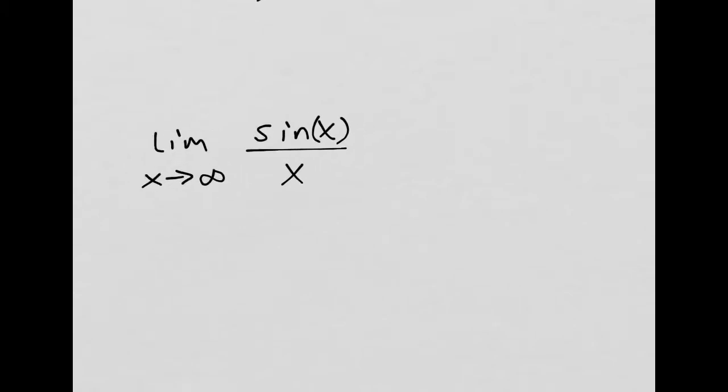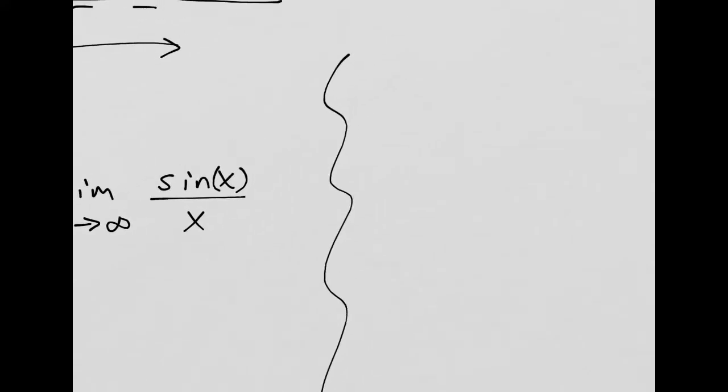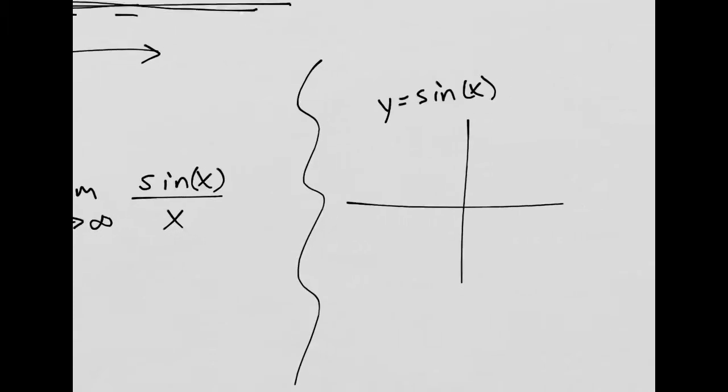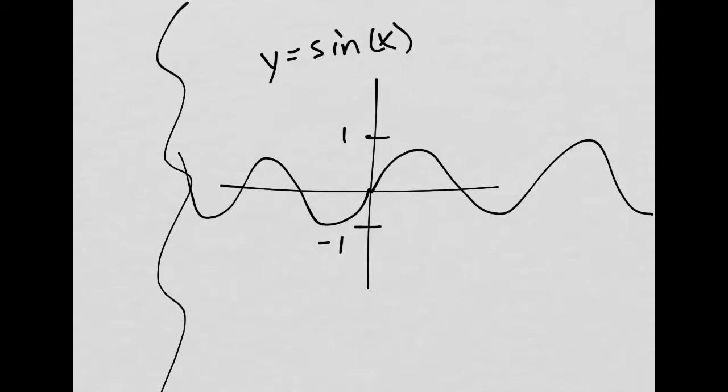Now, as a side note, for y equals sine of x, the graph just oscillates back and forth. The highest this function can be is +1 and the lowest it can be is -1, and it goes on and on forever.